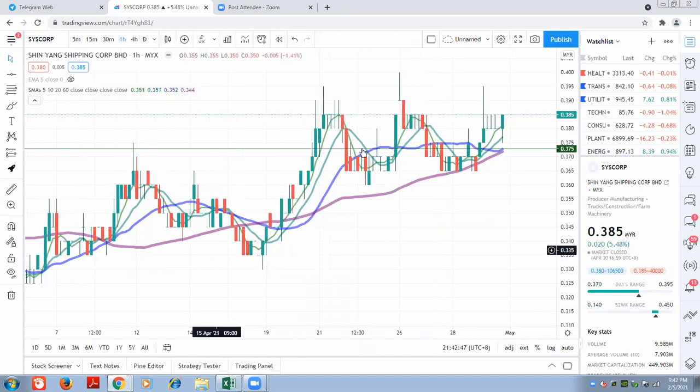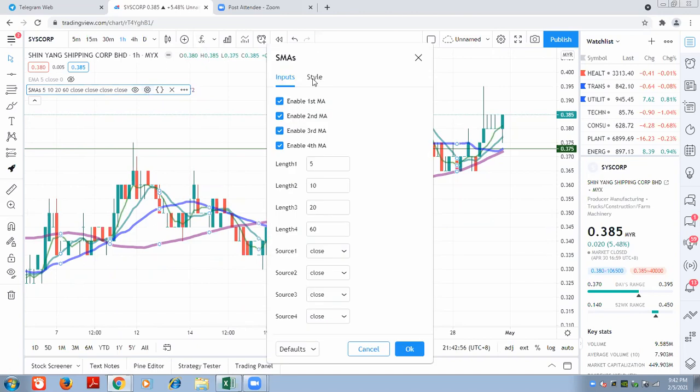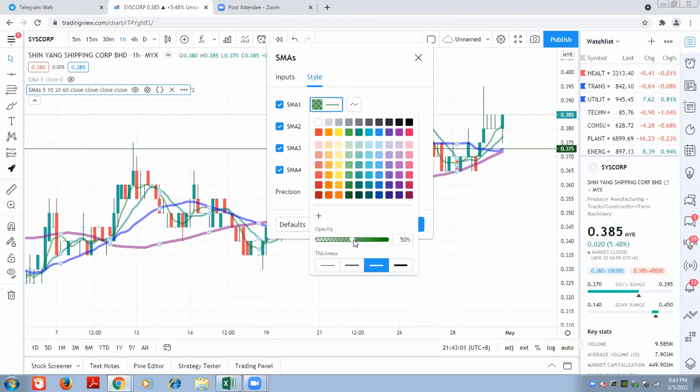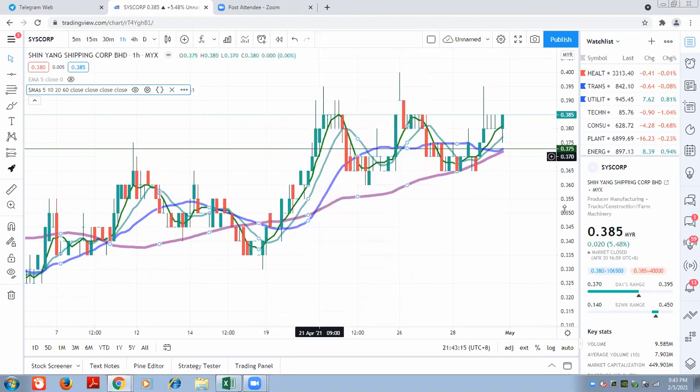If you feel this line is ugly and you need to change the pattern, you can change it here. Go to the settings, go to the style, and you can change it here. This is the opacity. You can make it darker, so you can have a better view and understanding. All right.